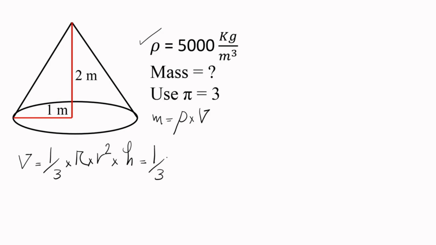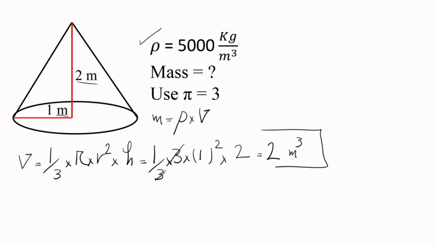Okay, let's replace the values. 1 over 3. The question says we can assume pi is equal to 3 times 3. Do I have radius? Yes, this is 1. 1 to the power of 2, and h is 2. These two are going to cancel each other out. 1 to the power of 2 is going to be 1. 1 times 2 is gonna be 2 because I have these dimensions based on meter. This is gonna be cubic meters. Now let's find the value of mass.